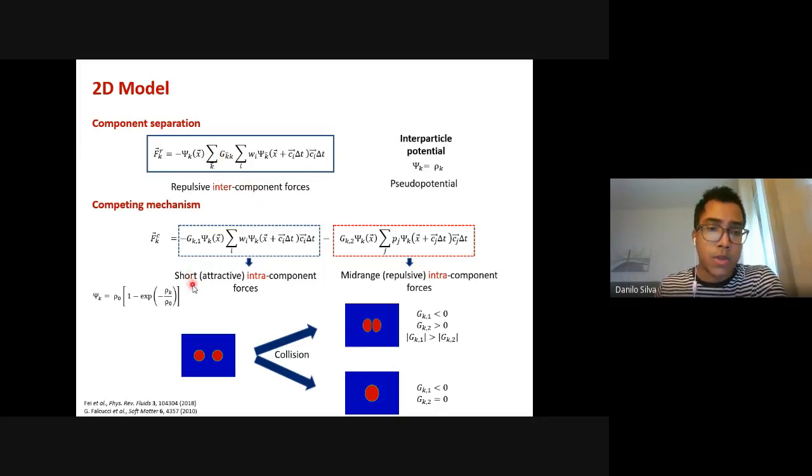But to simulate a large number of non-coalescing droplets, we want to have a competing mechanism. In this competing mechanism, we have a short-range attractive intracomponent force, which acts on the same component and keeps the same phases together. However, if we only have that, we will have droplets, but these droplets will coalesce into one.